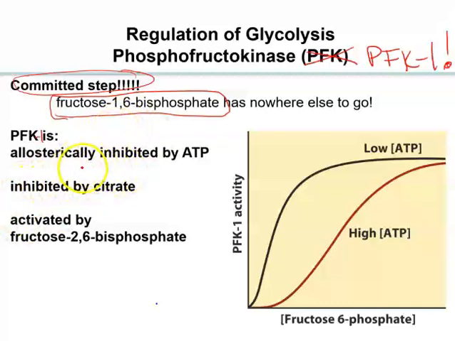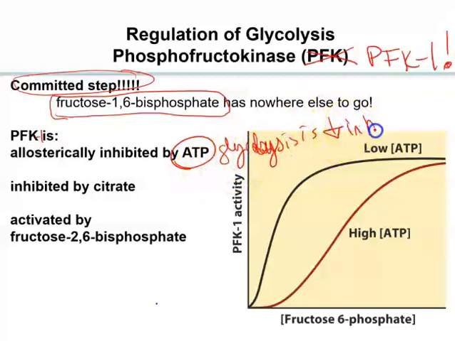PFK1 is allosterically inhibited by ATP. So think that glycolysis is shut down in high energy conditions within the cell. PFK1 is also allosterically inhibited by citrates.